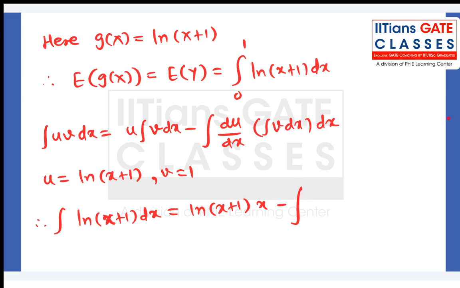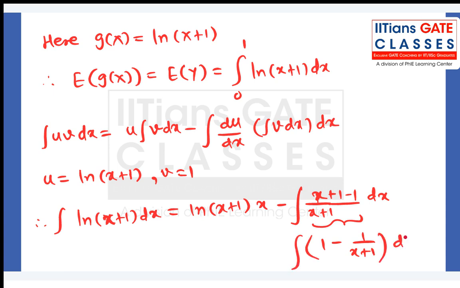So this will be 1 by x plus 1 into x dx. Okay, so what you can do here, you can add 1 and subtract 1, so that this term becomes 1 minus 1 by x plus 1. Okay, and then you integrate this one.